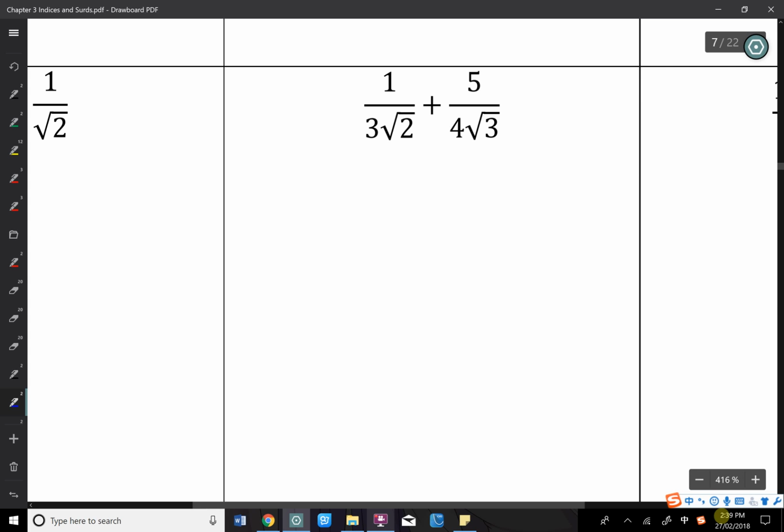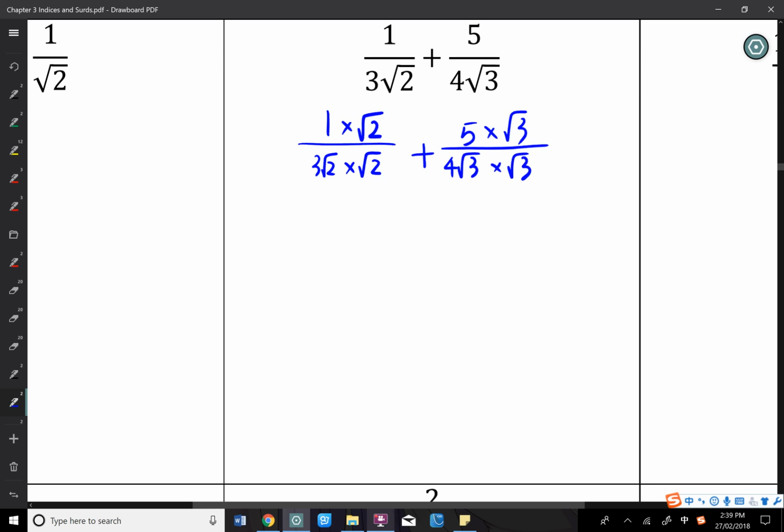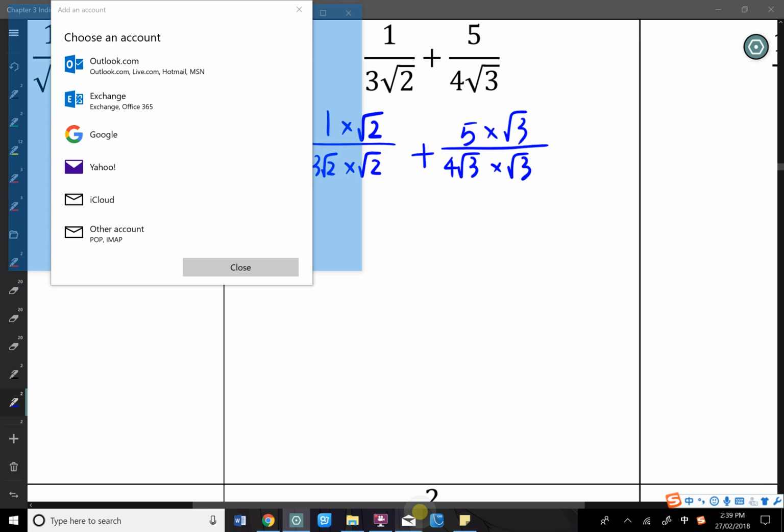The first one, I will times root 2 on top and bottom. And then the next one will be root 3 times root 3, to rationalize. It's not adding yet, nothing to do with each other yet. Just trying to make the form look a little bit better.